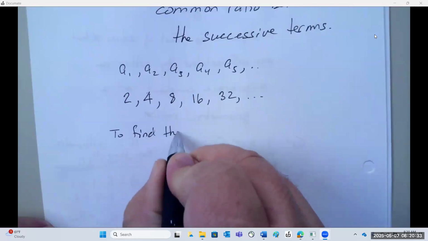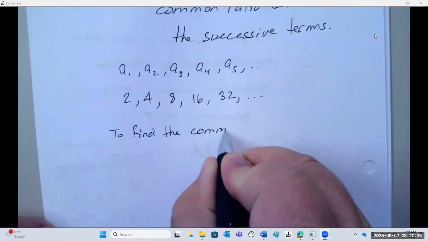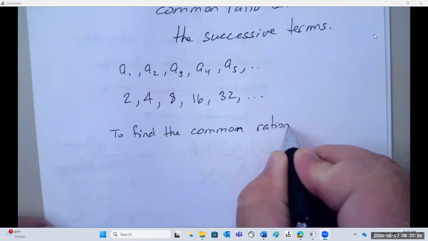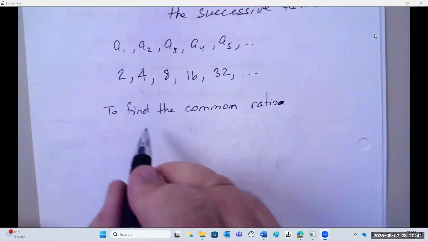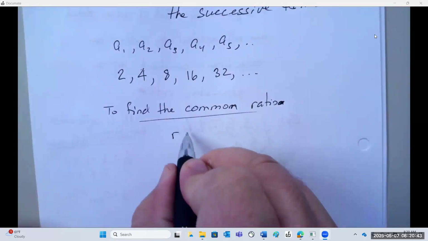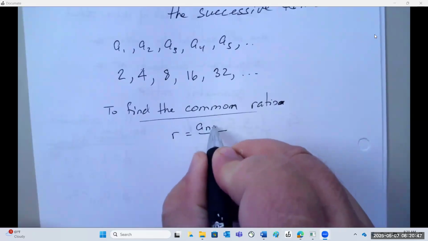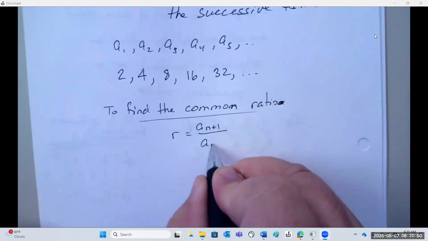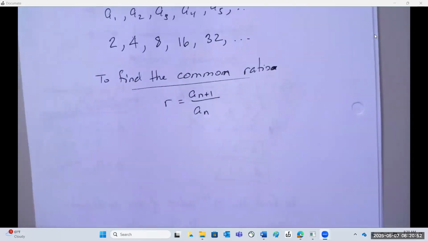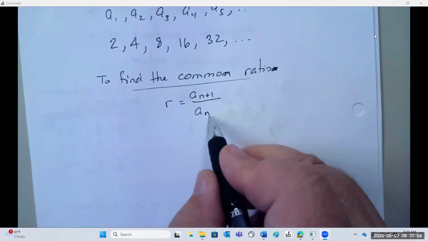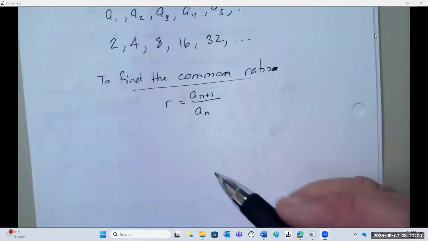To find the common ratio, r, take a sub n plus 1 over a sub n. So take the bigger one, put it on top, and the number before it, put it on the bottom.